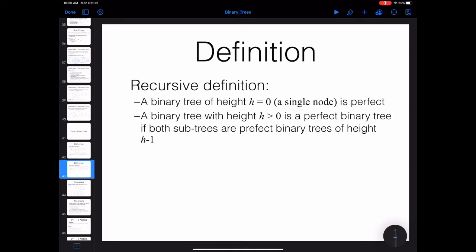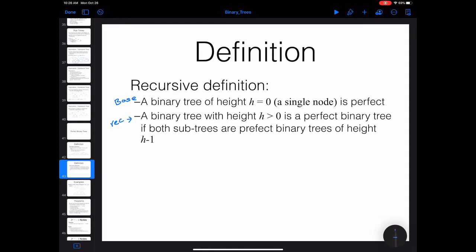You can see that this recursive definition is very similar to what we have discussed for a binary tree. We are going to have a base and we are going to have a recursive relation part. The base tells me what the smallest perfect binary tree is.